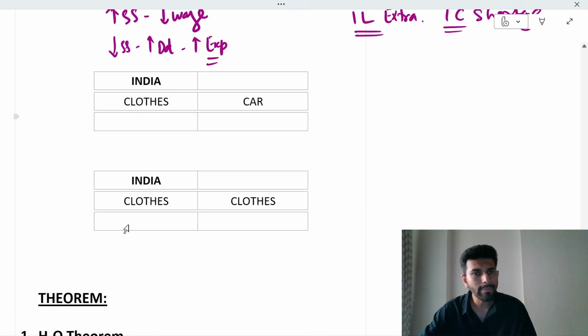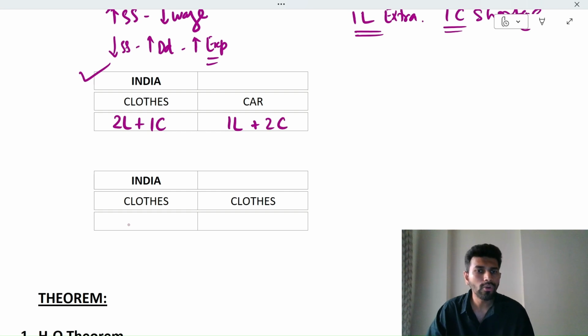Let's take another example of India. If in India it requires 2 labor and 1 capital to produce cloth, and if it produces a car, it requires 1 labor and 2 units of capital. So in total, we require 3 labor and 3 capital.